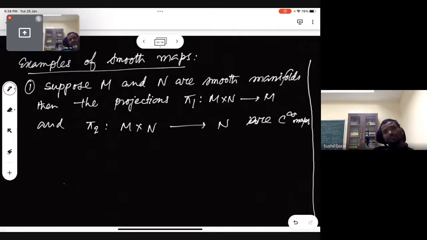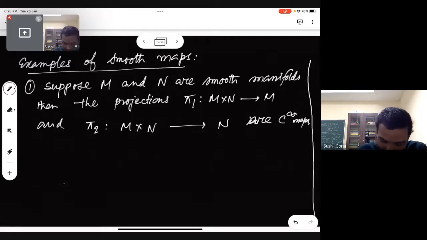All right, this is true for any manifold. So you already know from R^n to R, if you look at projection from R^n to R, the first component, second component, third component, each of them is smooth. You already know it, right? These are coordinate functions. So it is in general true for the product manifold.